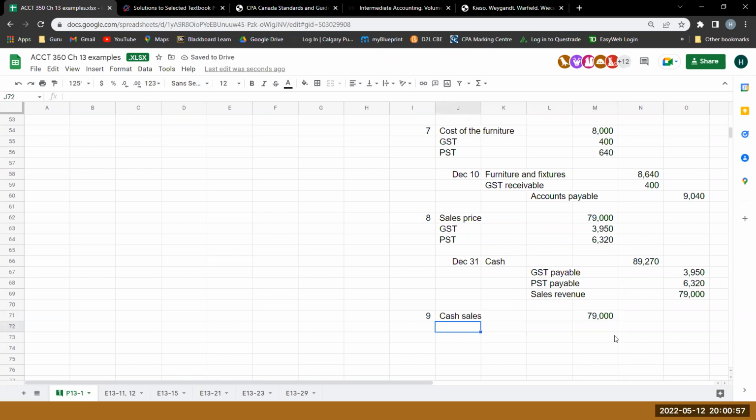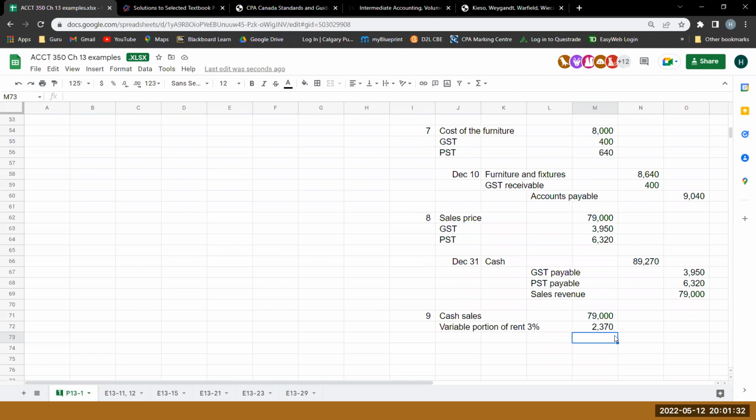So the variable portion of the rent, 3% of sales. You calculate 3% of 79,000, right? It's kind of like, there are certain businesses that are charged a flat fee, but also have to pay a portion of their sales, like concession stands.